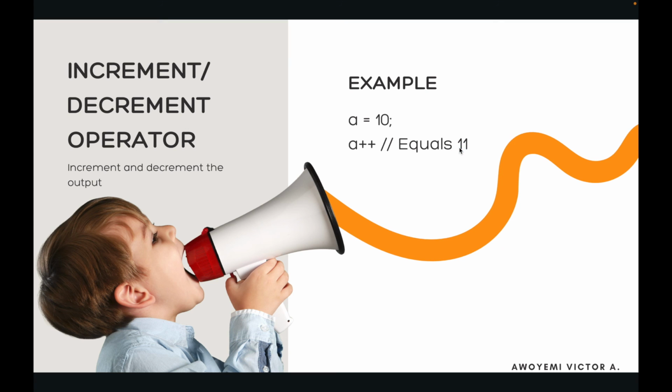That means we are adding 1 to our integer. But if we have a minus minus, that means we are subtracting 1 from our integer, which is going to give us 9. So these are the basic operators in C programming language.